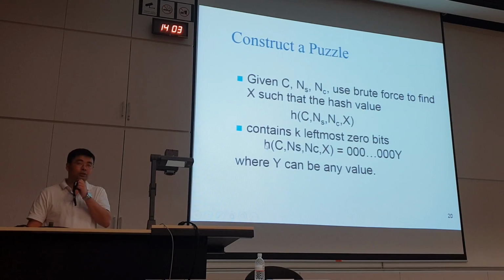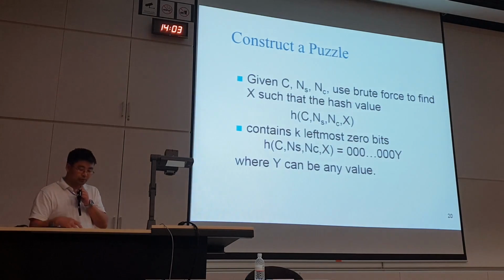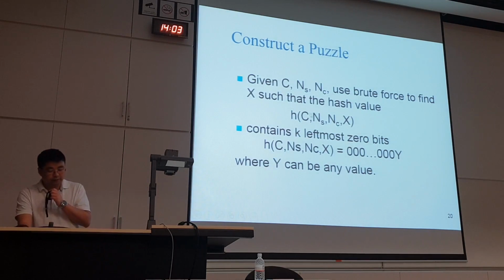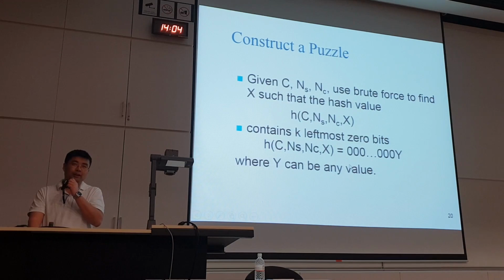Because the hash function, in general, we can treat as a random function. You can consider a hash function as a near random function, a pseudo random function. So if you give a random X, the probability that 1 bit is equal to 0 is only 50%, 1 over 2, right?